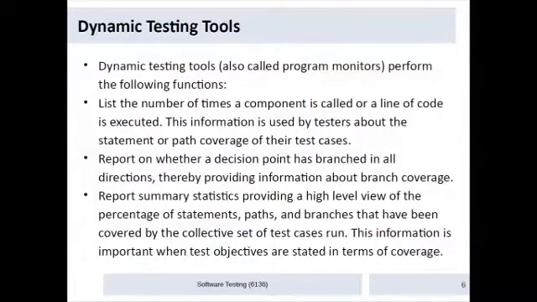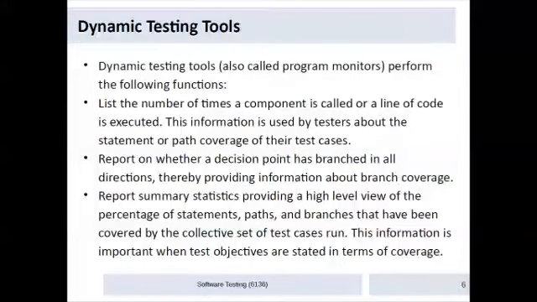In dynamic testing, the code is executed to test the application. The inputs are provided by the user. The output from the application is verified against the expected result to see whether it's a pass or fail. So dynamic testing tools are used to capture these details.